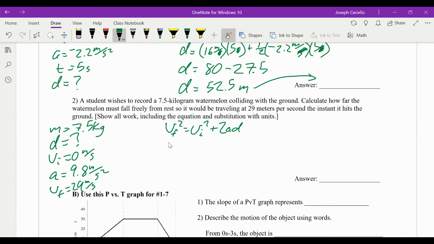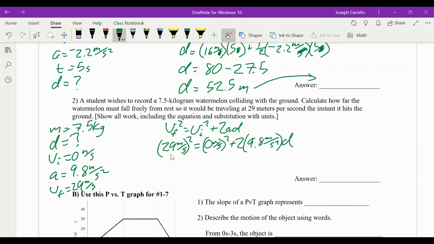So Vf squared is going to be 29 meters per second squared equals 0 meters per second squared plus 2 times a, where a is 9.8 meters per second squared, times d.